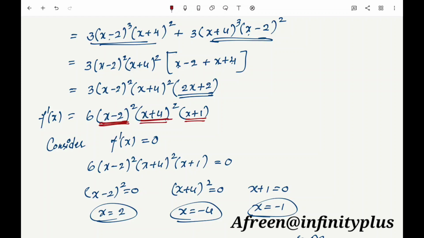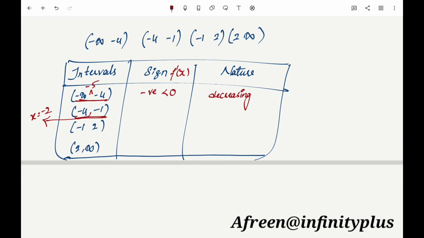Again it's a square here. Here -2 plus 1 is -1, so this is negative. So totally you will be getting negative for x is equal to -2. So it is negative, less than 0. Therefore the function is decreasing in the given interval.